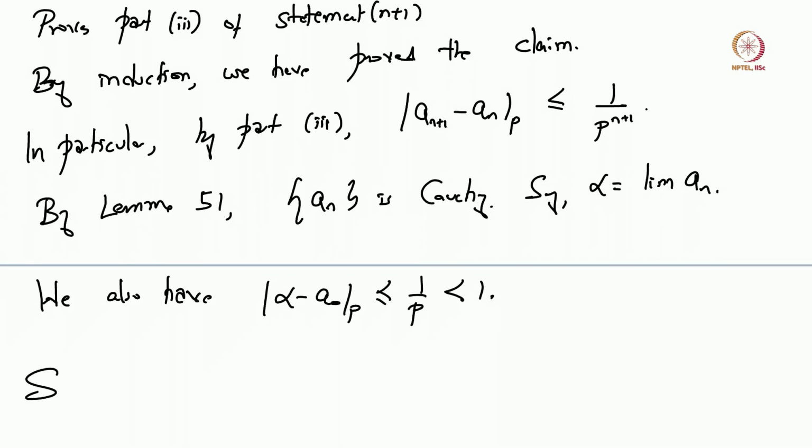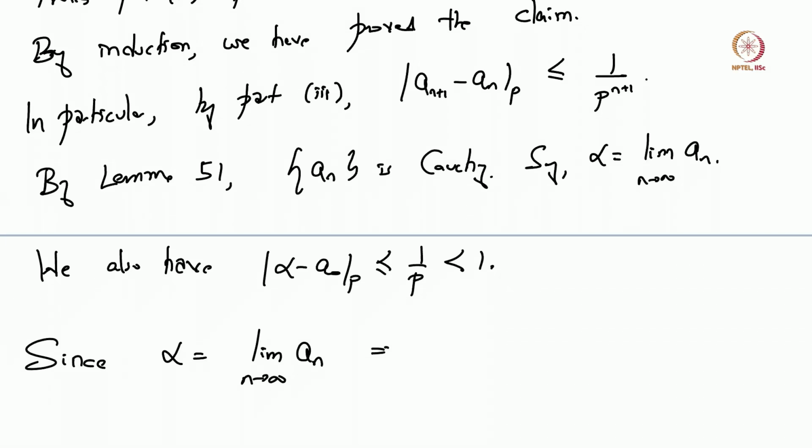And again, since alpha equals the limit as n goes to infinity of a_n, this means that alpha to the i equals the limit as n goes to infinity of a_n to the i, for all i larger than or equal to 0.